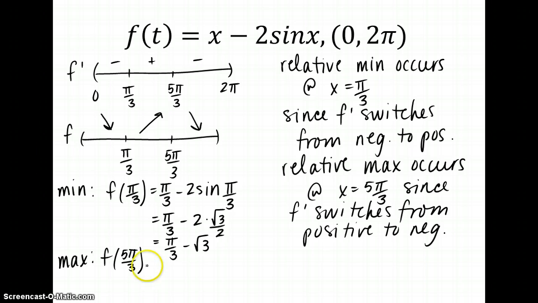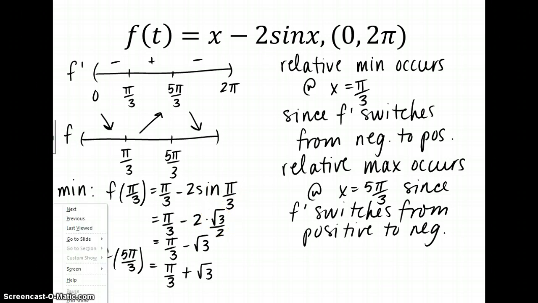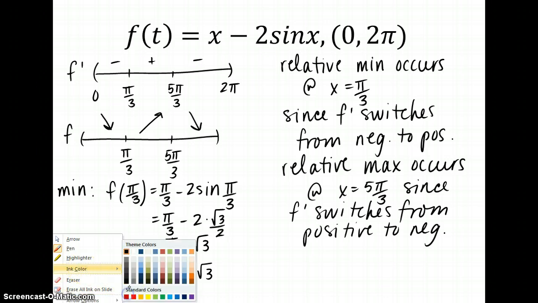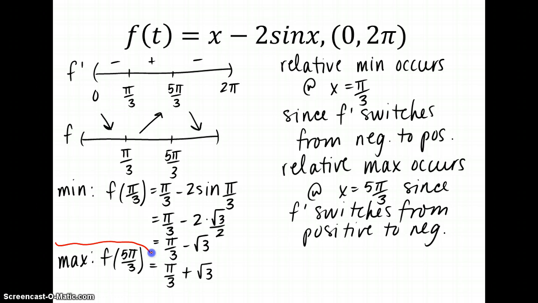So the only thing that changes would be pi over 3 plus root 3, because the sine of 5 pi over 3 would be negative root 3 over 2. Let's just separate those.